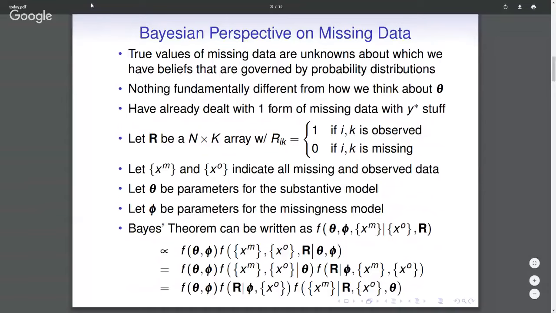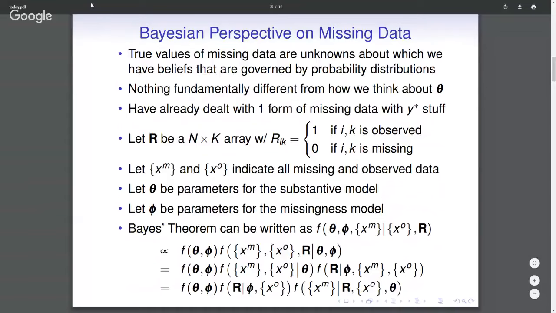We're just going to observe the choices people make. But dealing with the more classical missing data, where people refuse to answer questions, is a little bit tedious, but it's not fundamentally different from the way in which we think about the distribution of any unknown, whether it's future data, parameter values, anything like that.